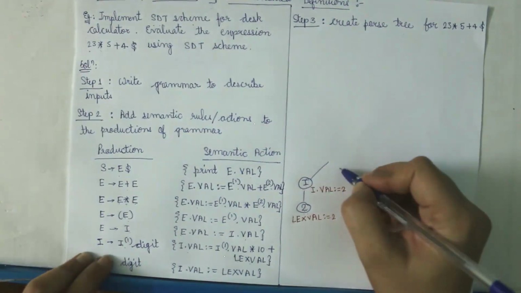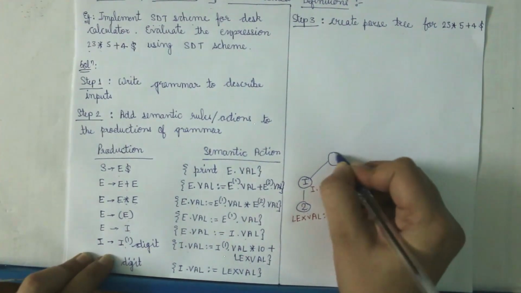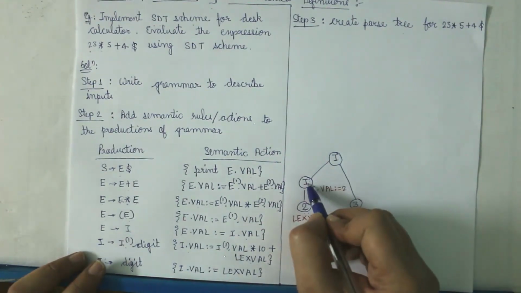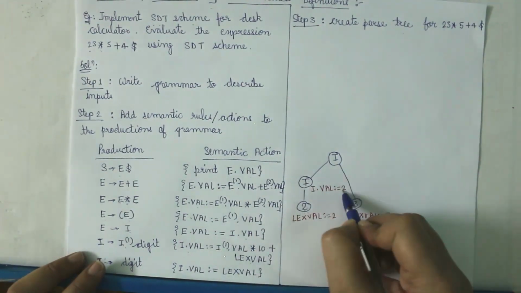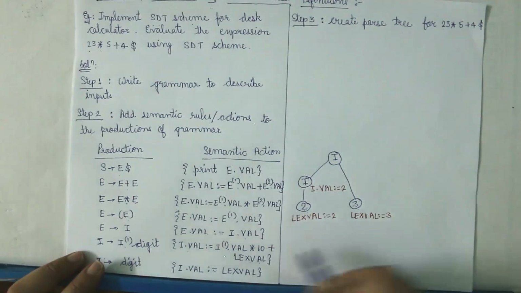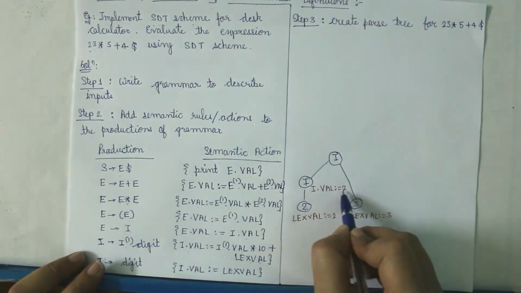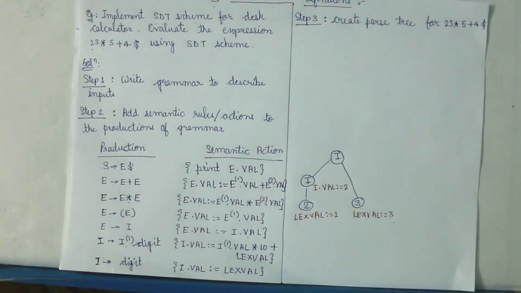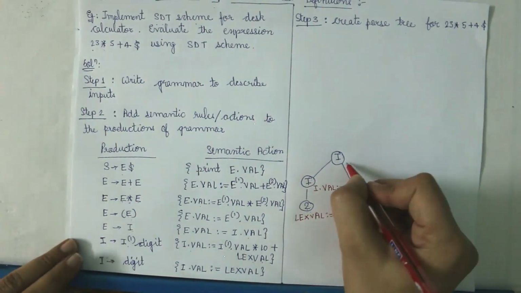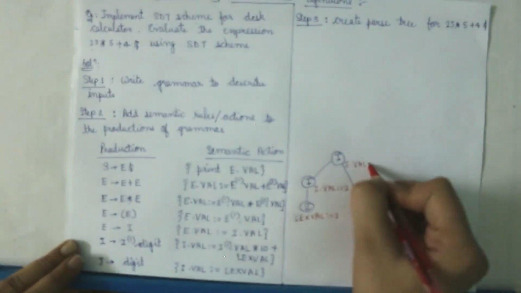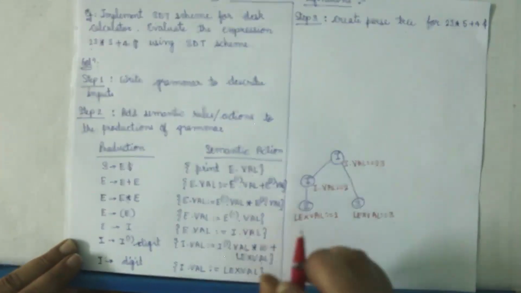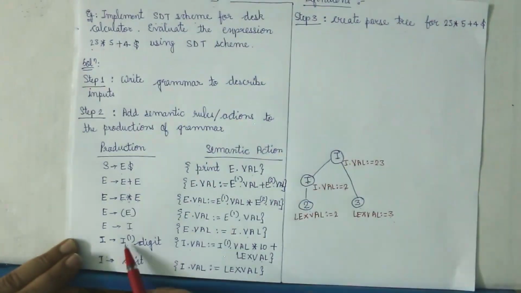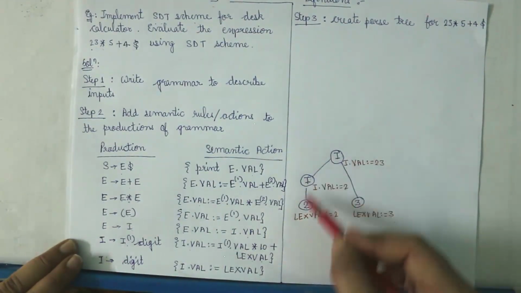So I and this digit becomes I, and I.val will be I1.val into 10, meaning 2 into 10, plus lexval. Lexval is 3. So this is 2 into 10 plus 3. So for this I, we'll get a value: I.val will be 23, which is I digit I. So I digit gives I. I am done with this.